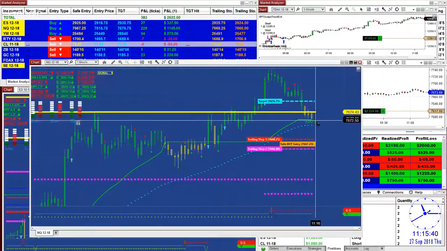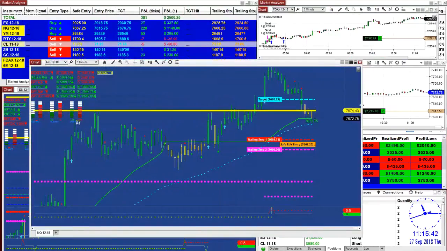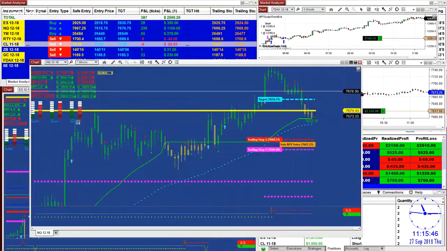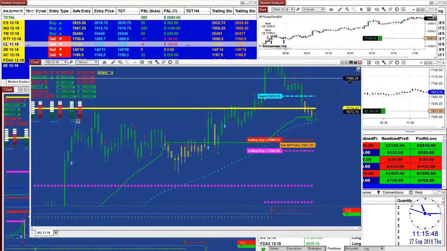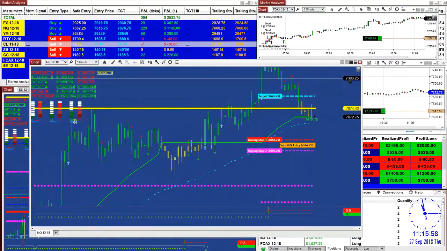Look, where is the Nasdaq? At the true average price, look. We need to see that the Nasdaq break that number.